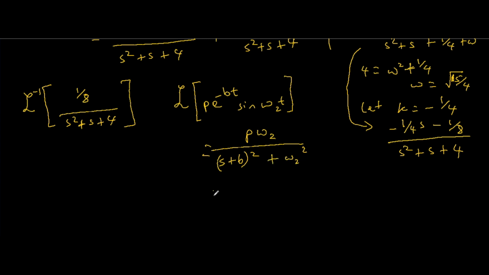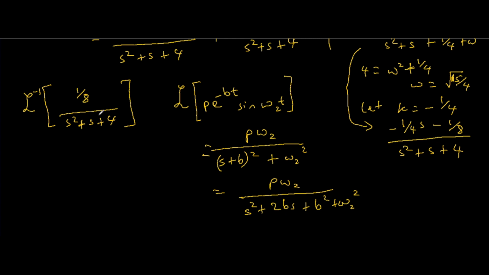Expand this gives us p omega 2 in our numerator divided by s squared plus 2bs plus b squared plus omega 2 squared.